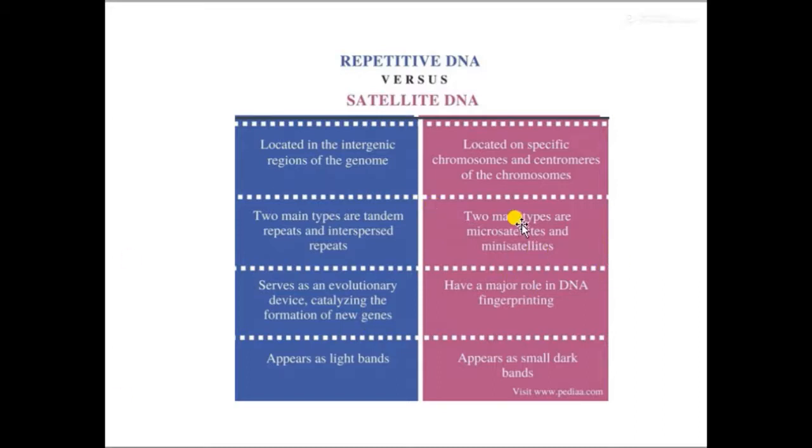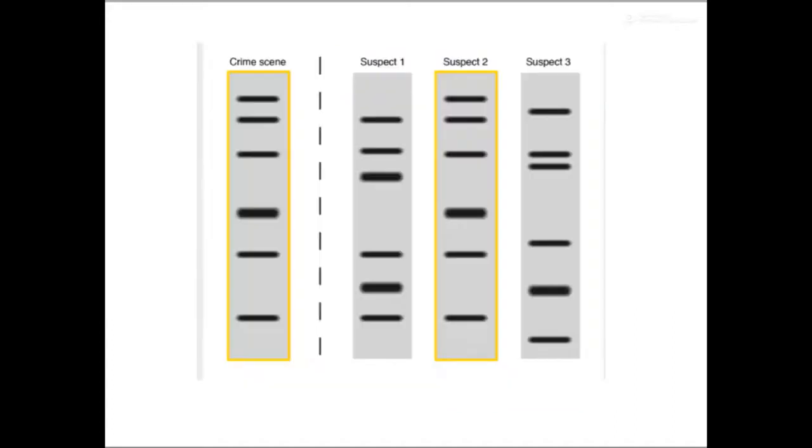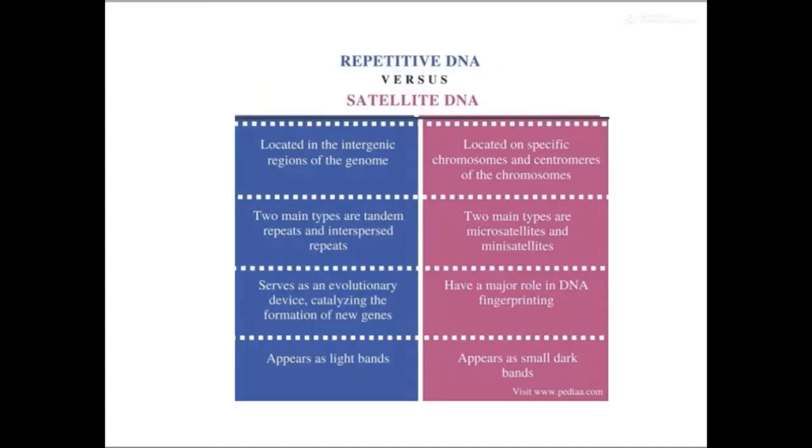Now, we started from this picture where we are trying to find out the variations between the DNA of different people. And we have come to a region where we are talking about the repetitive DNA and the satellite DNA.